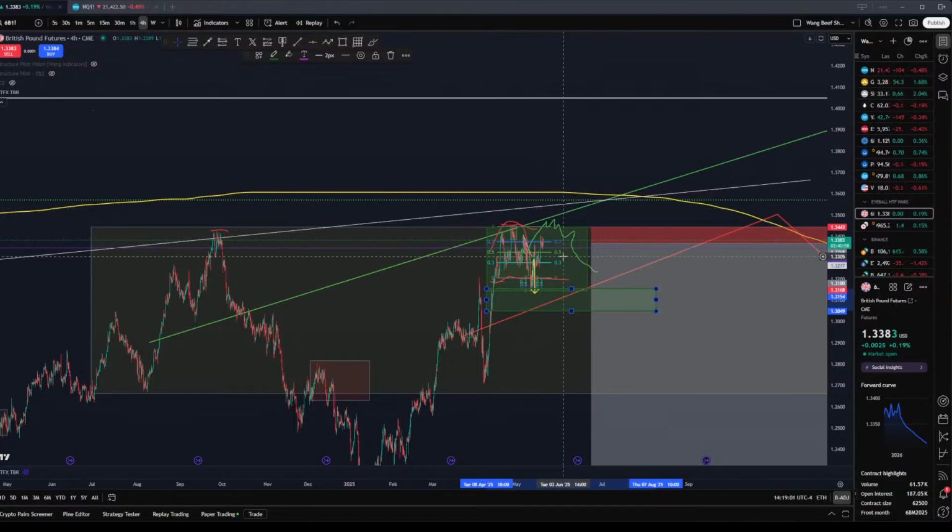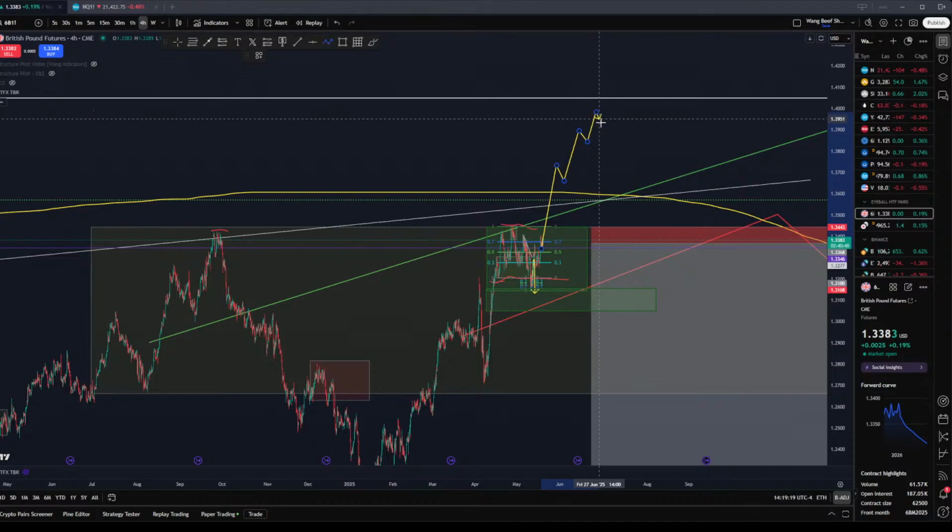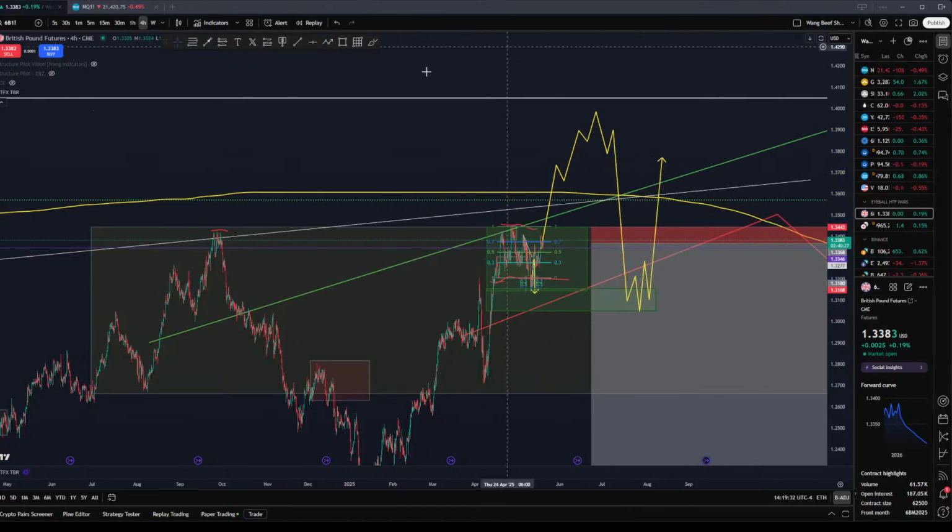We will see. Let me remove some of that drawing and put what I just said in the drawing, so I remember when I come back later. So if we give it a close like this, let's say we get this, we get that. We come back and tap into here, get this kind of structure, get a break, and let's see.